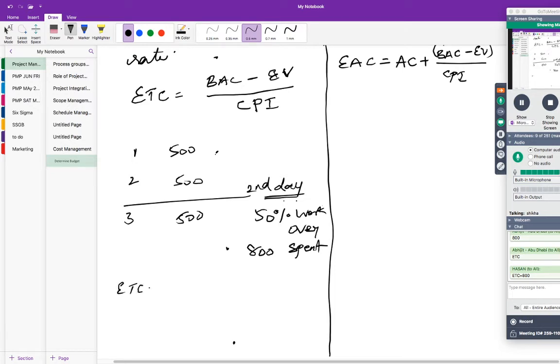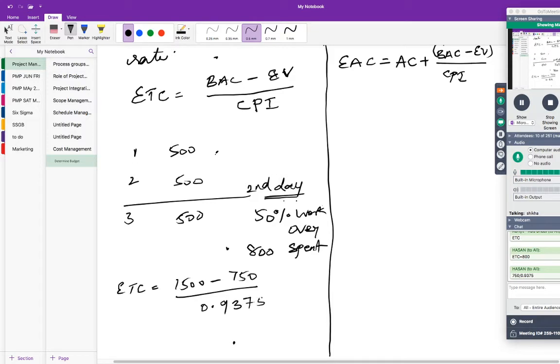ETC is equal to, how much is the BAC? For the whole thing, it's 1500, minus how much is the EV? 50% is 750, divided by the CPI, which is 0.9375.